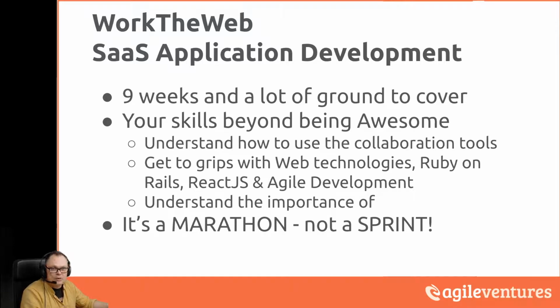The Work the Web Software as a Service Application Development course is a 9-week long blended learning course with a pretty ambitious curriculum. We have a lot of ground to cover. And your skill sets, apart from just being an awesome girl or boy or guy, is to understand how to use various tools for collaboration in a distributed setting.